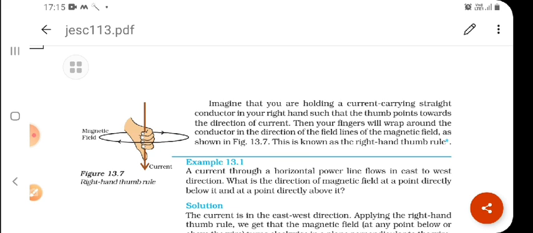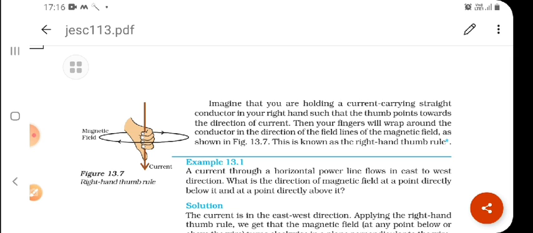Imagine that you are holding a current carrying straight conductor in your right hand such that the thumb points towards the direction of current. Then we wrap our fingers around the conductor in the direction of the field lines of the magnetic field. Therefore this is the right hand thumb rule. Our thumb of the right hand indicates the direction of current and the wrapping of our fingers indicates the magnetic field.